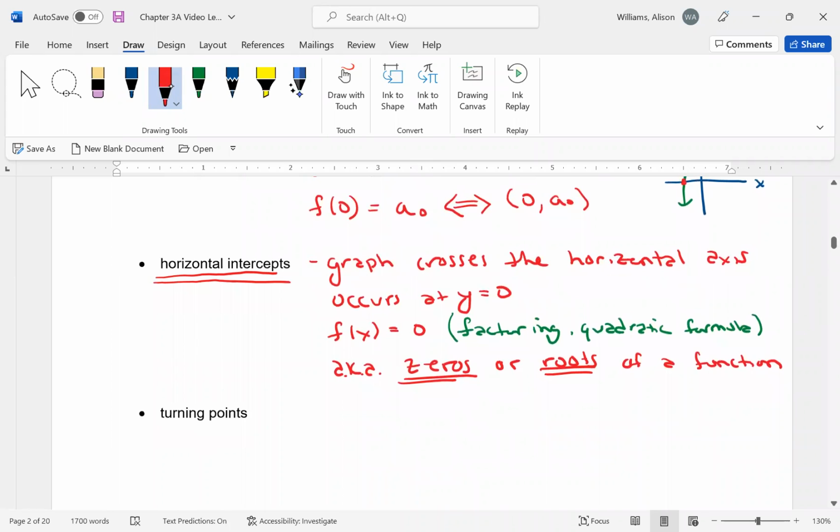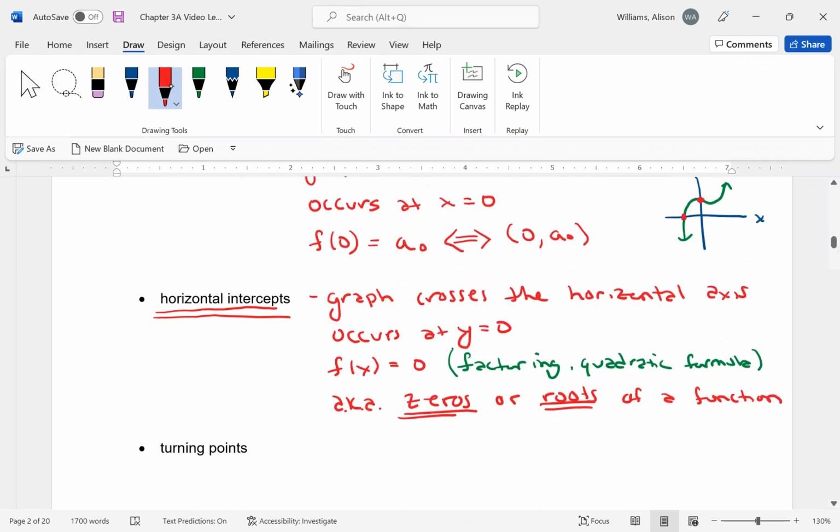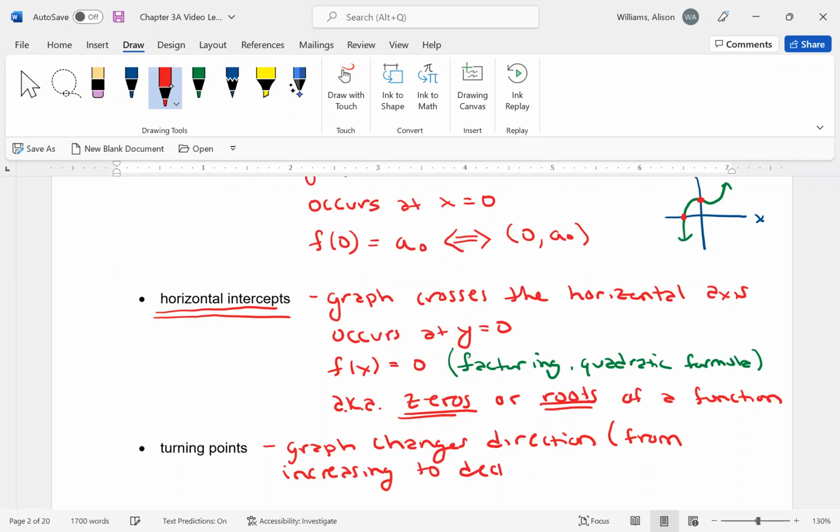The last major thing with a polynomial that we're interested in is what's called a turning point. A turning point is where the graph changes direction, from increasing to decreasing. So a turning point on the graph is clearly where it's changing.